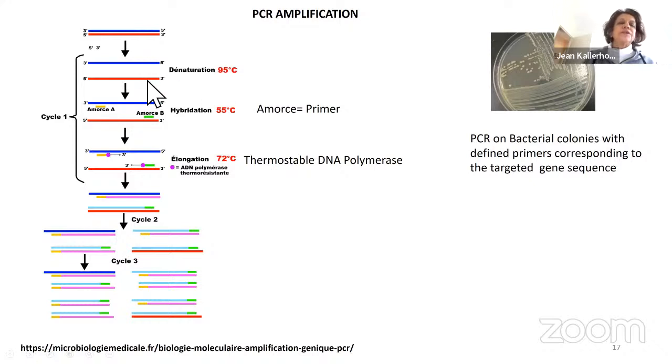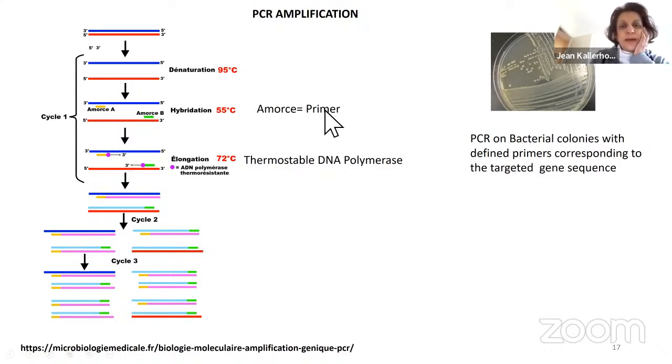The denaturing step will destroy the bonding between the two strands, and these two strands will be separated. And then, because we know the sequence, we will use primers. Sorry, this slide is in French. I could not find an easy one to show you.